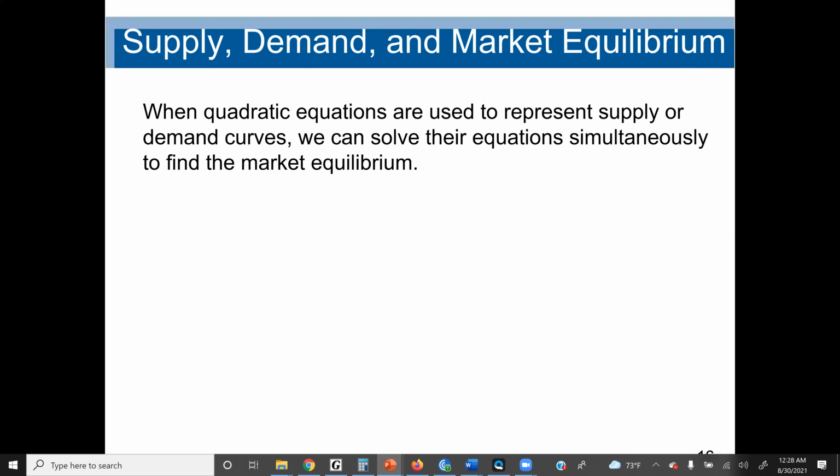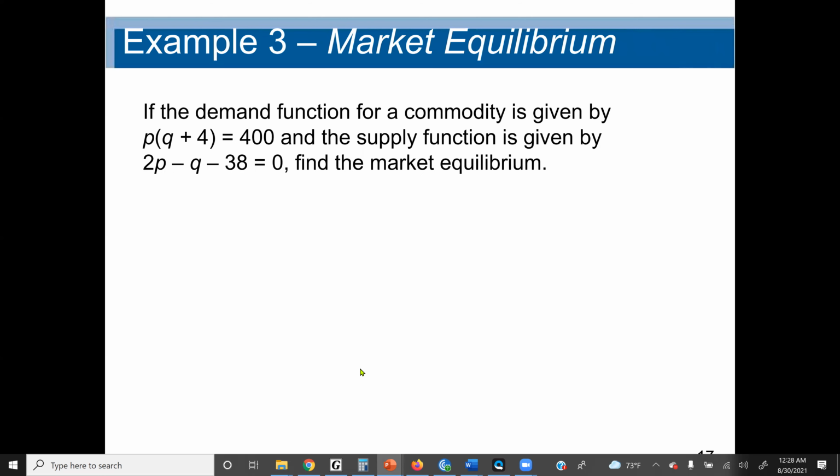Same as finding the break-even point, the cost function equal to the revenue function, then we find the value of X. Same thing applies here. We have an example saying that if the demand function for a commodity is given to be P times Q plus 4 equal to 400, and the supply function is given to be 2P minus Q minus 38 equal to 0, find the market equilibrium.